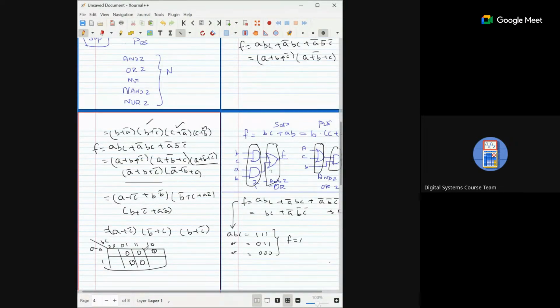If I group these two things, I can get A plus C bar. If I group these two things, I get A plus B bar. A plus B bar is the common term. So A plus B bar is 3 and 4. What is 3?